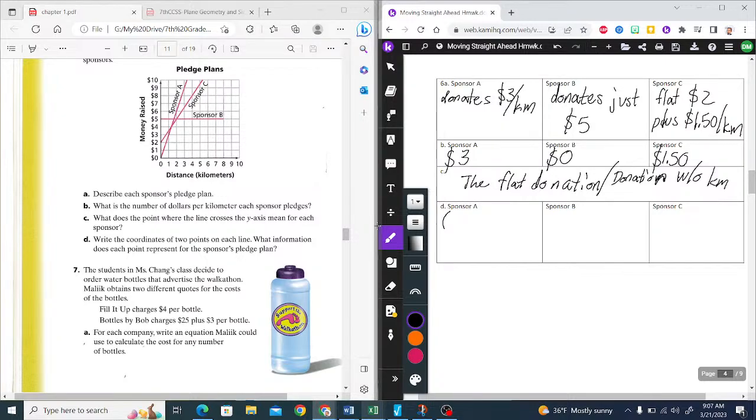So the first one, we'll do 1 and 3. It means 1 kilometer gets you $3. Sponsor B, if I go 1, 5, that means 1 kilometer gets you $5. And then sponsor C will go 2, 5, and that means that 2 kilometers will get you $5.